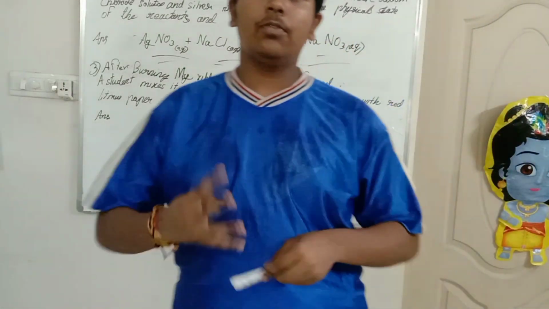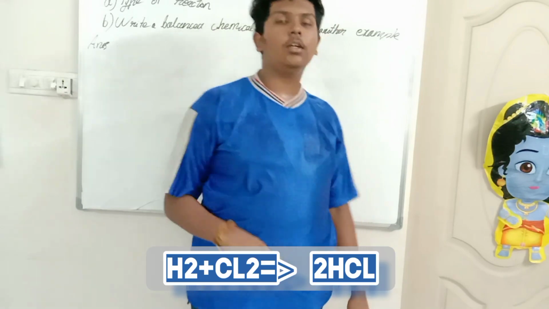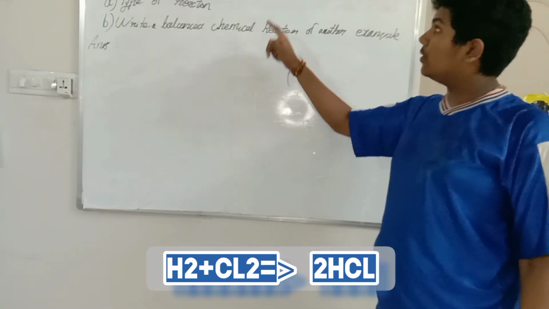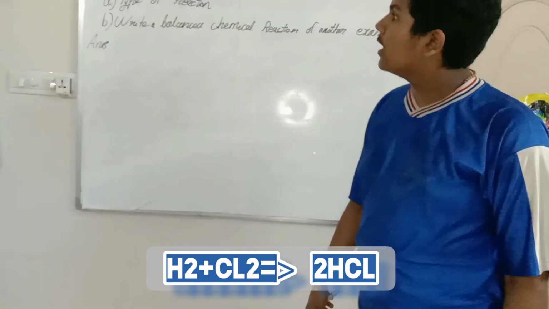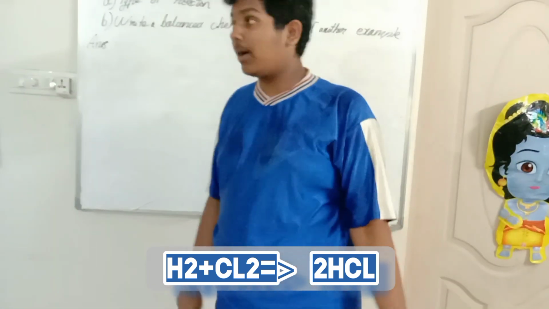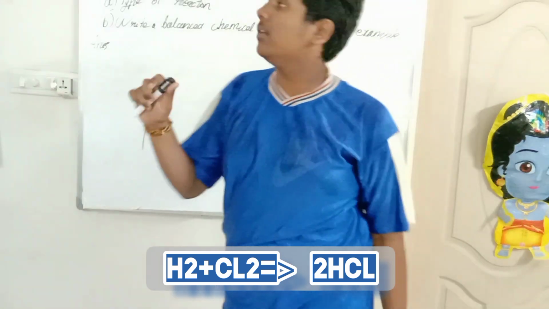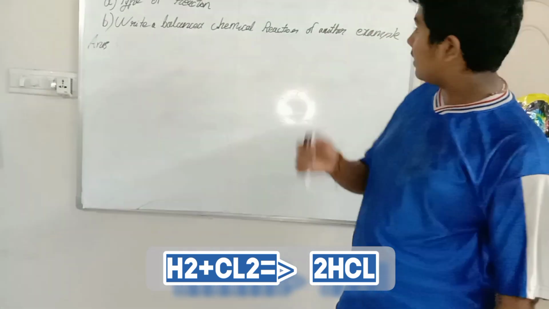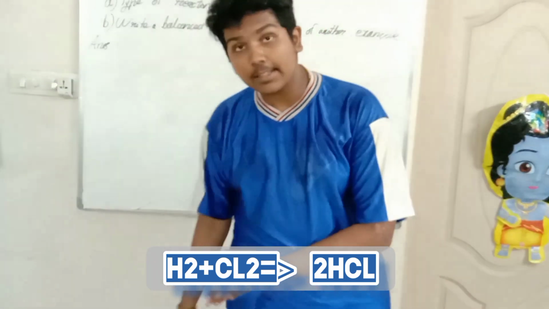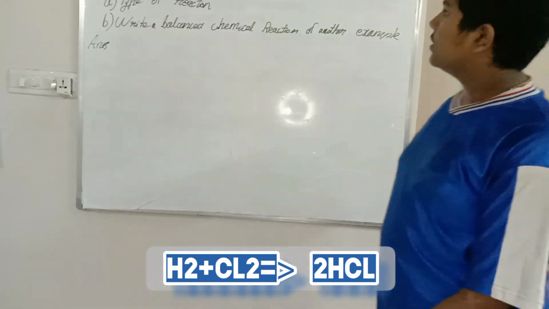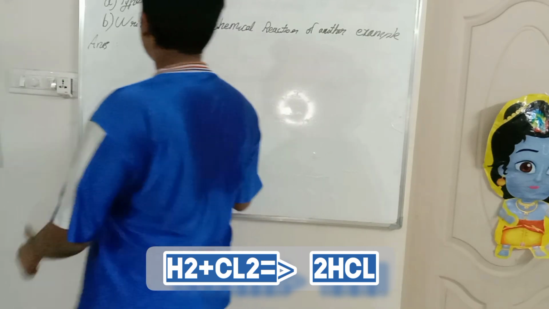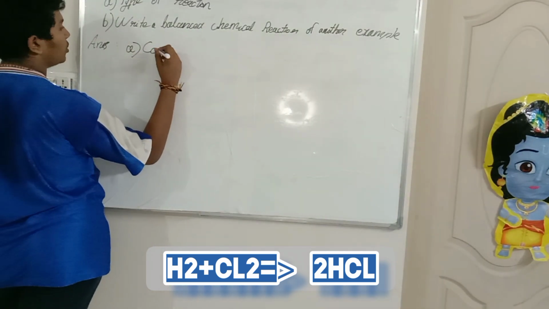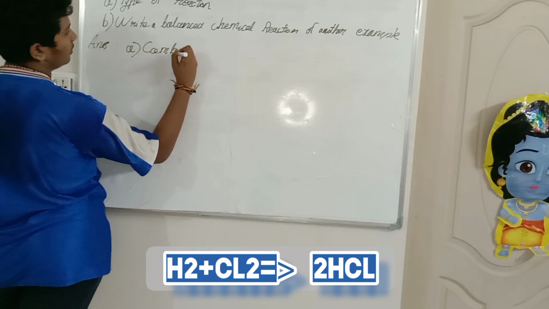Now let's move on to the fourth question. Okay, so the fourth question, H2 plus Cl2 is equal to 2HCl. Now they are asking us to identify the type of this reaction and write a balanced chemical equation of another example. So the answer here is, it is combination reaction.